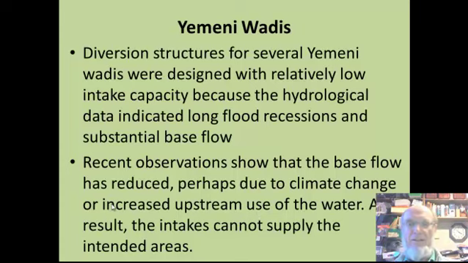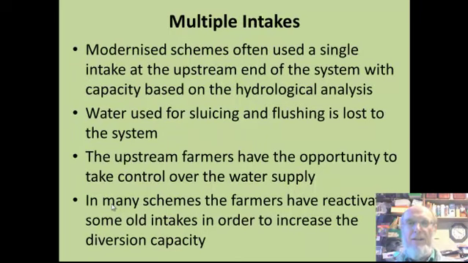As a result, the intakes cannot supply the intended areas. We therefore end up with multiple intakes. We'll see the modernised schemes often use a single intake at the upstream end of the system, with a capacity based on hydrological analysis. At that intake, water was used for sluicing and flushing and is lost to the irrigation.